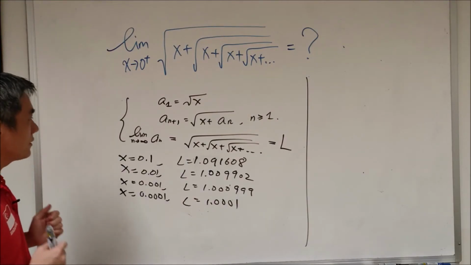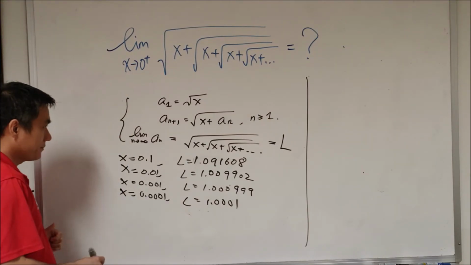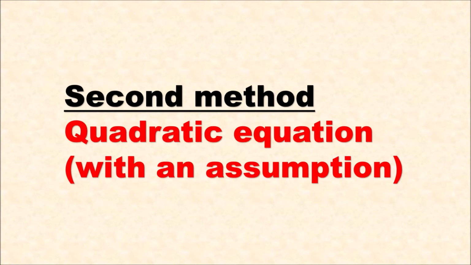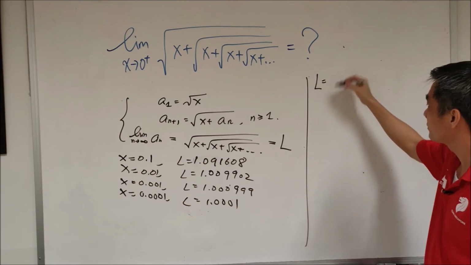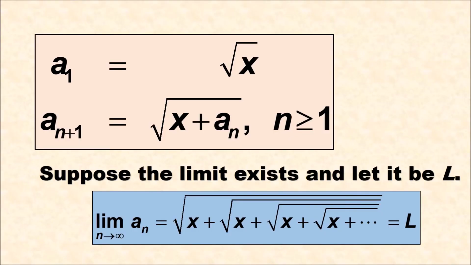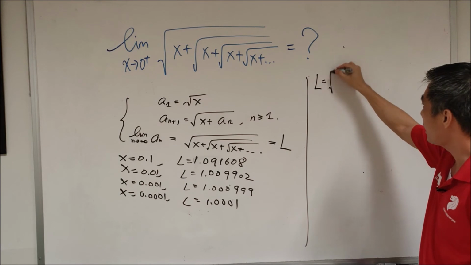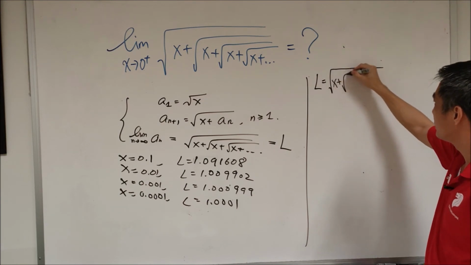The second method is to prove this mathematically. We suppose the limit exists and let it be equal to L. So L will be equal to this.